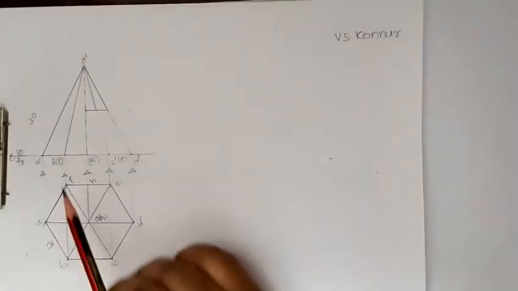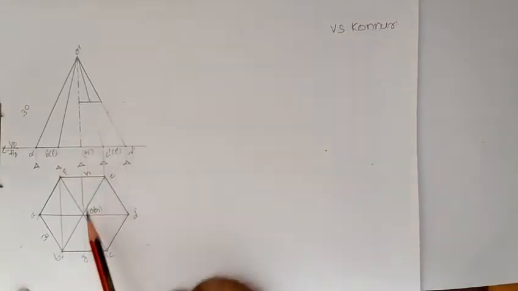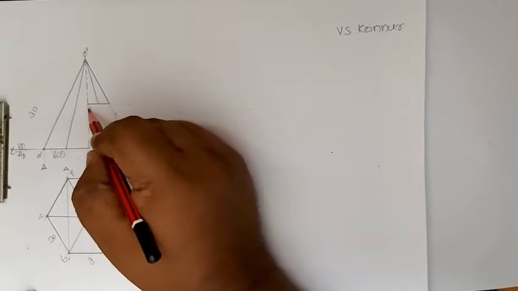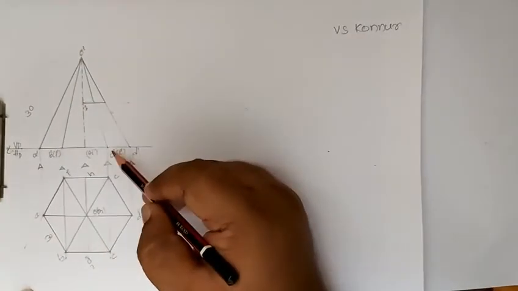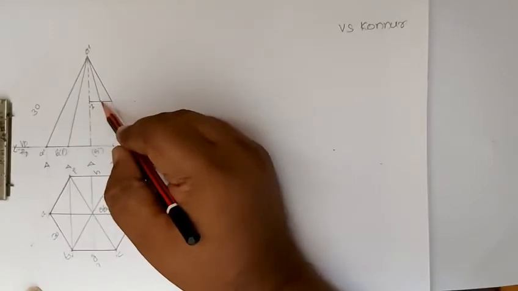So OB and OF, there is no cut on OB and OF, so it will start from G, right? For G I will give it as 1, so this is the 1. Then we will go for OC, OE is there.